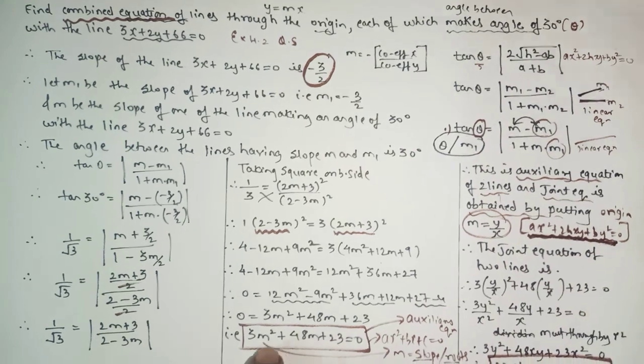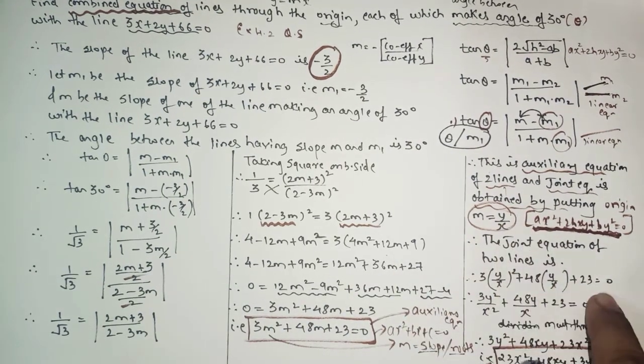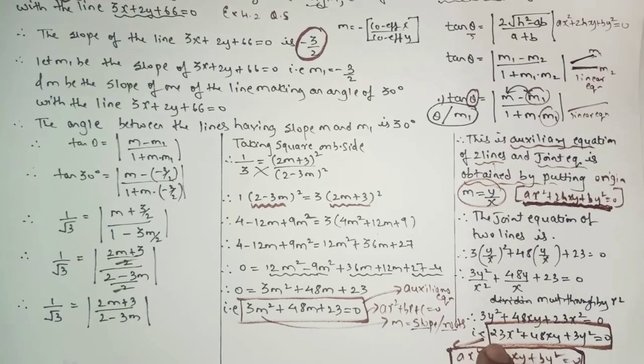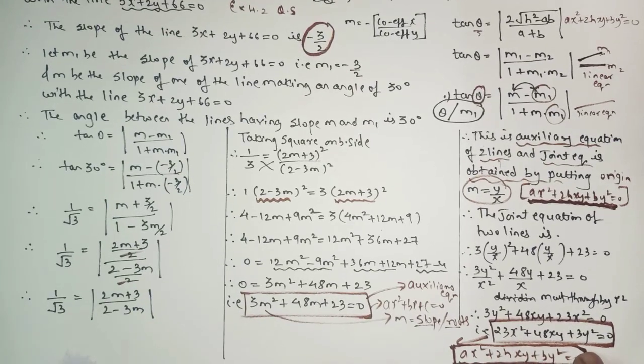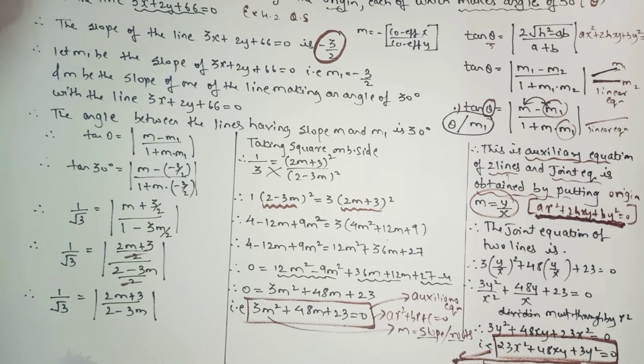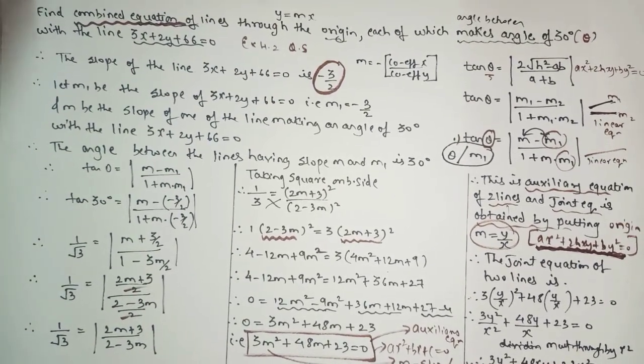After that I replace this m by y by x. Make the denominator same or else multiply throughout by x square, so you will get the required combined equation. Actually the presentation of the sum was a little different, so that's why I took the sum separately. Got the point? Understood?